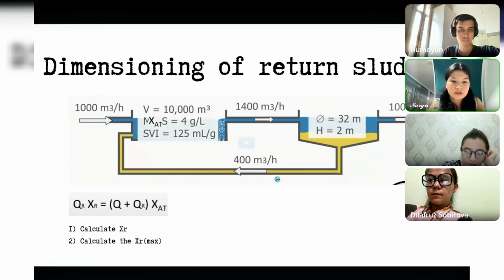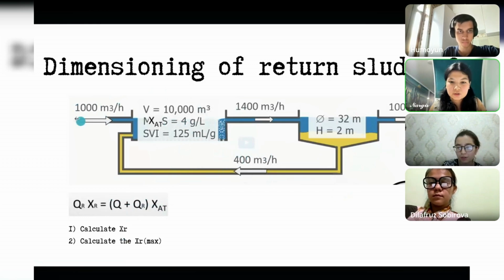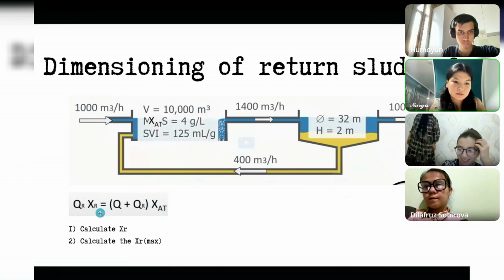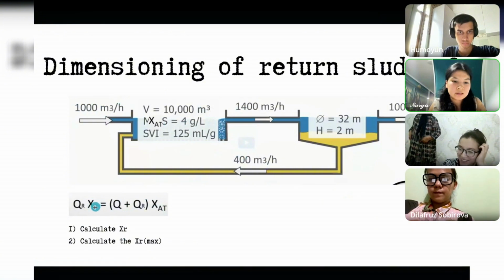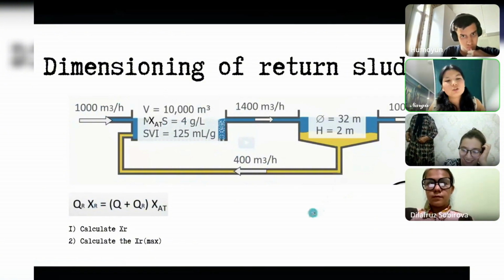Just to mention, if you forgot, XAT is 4 grams per liter. QR is the return flow rate, which is 400. The simple Q will be 1,000, right? So the rest is here. You should just calculate XR. I guess 2 minutes should be enough for you.